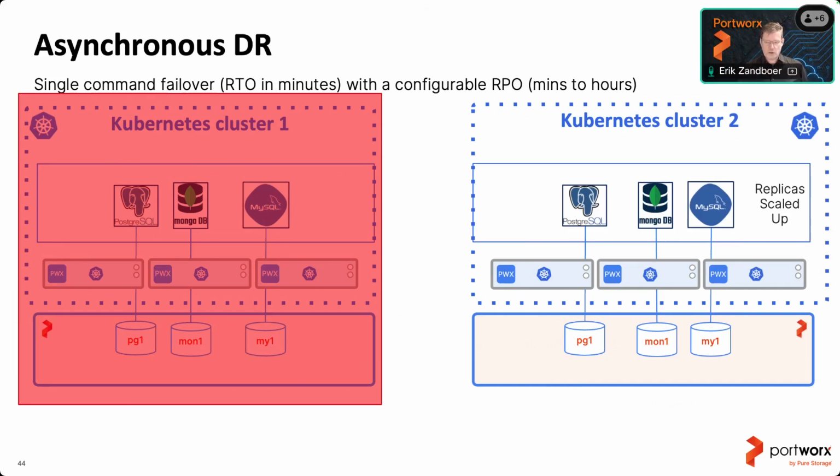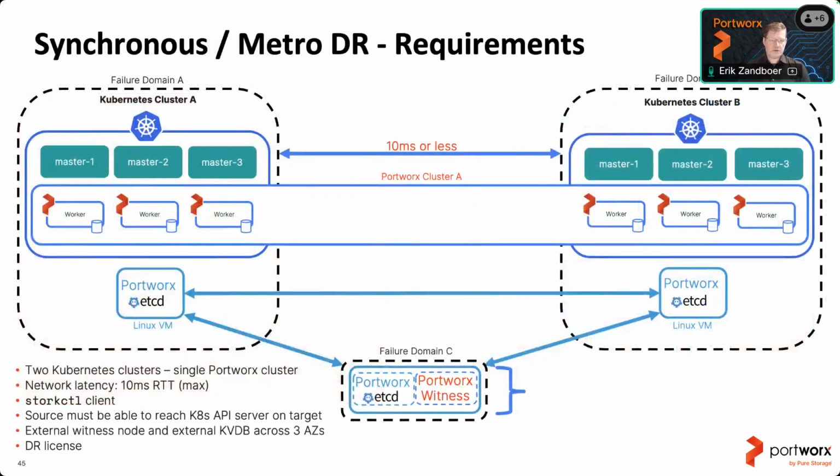And if you don't want to lose any data on failures, we have another solution, which we call synchronous or Metro DR. So Metro is slightly different. As you can see, we still have separate Kubernetes clusters, but we have one stretched Portworx cluster. So the Portworx storage cluster gets stretched across 2 data centers or 2 failure domains, basically.